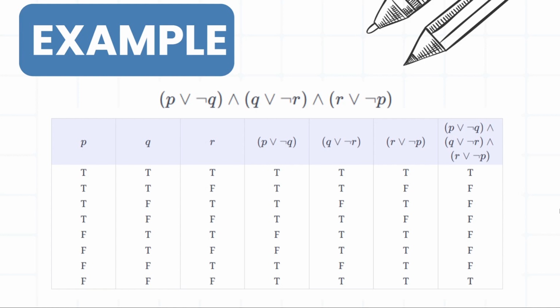It is important to note that when the number of variables grows, the number of rows in the truth table grows exponentially. Since each variable has only two possible values, true or false, a truth table will have 2 to the power of n rows, where n is the number of variables. In this example, we have 3 variables, so we have 8 rows.